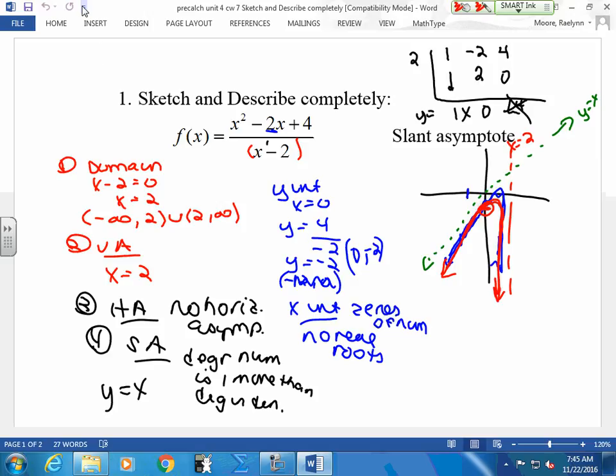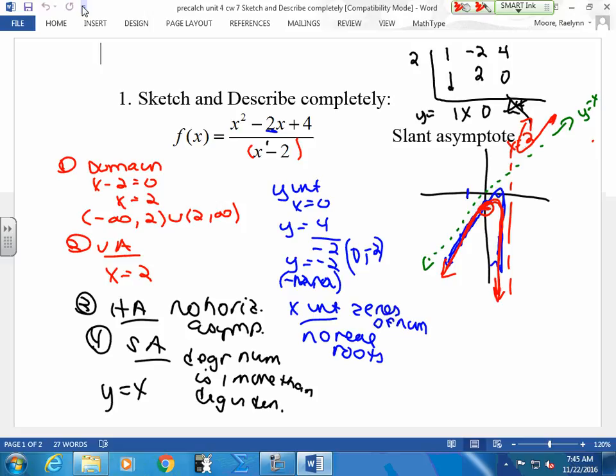Using my slant asymptote, up here. Is my slant asymptote there to guide my end behaviors as well? What else is guiding my end behaviors? My vertical asymptote. So my asymptotes are going to guide my end behaviors. This kind of makes an X, if you will.